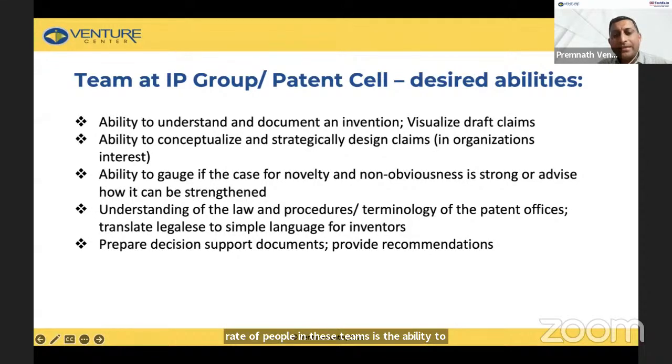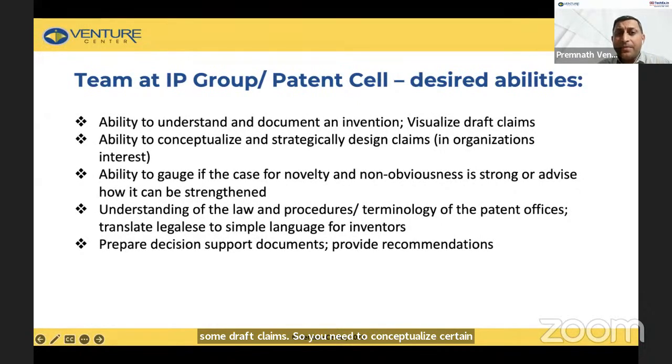When an inventor is describing an invention, he may go into various aspects of the science, may describe mechanisms, and so on and so forth. But at the end of the day, you need to pull out what was the problem that was solved and how it was done. And that's the heart of the invention, right? And that is an important trait. And you have to visualize some draft claims. So you need to conceptualize certain draft claims which you can use for this purpose.